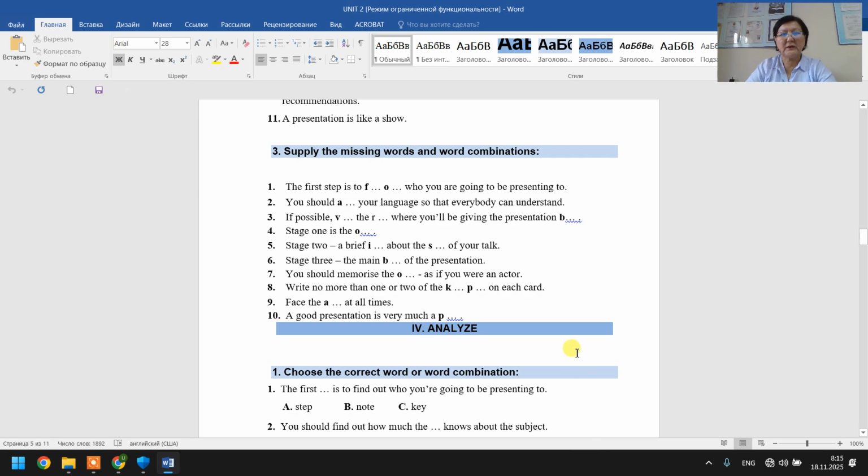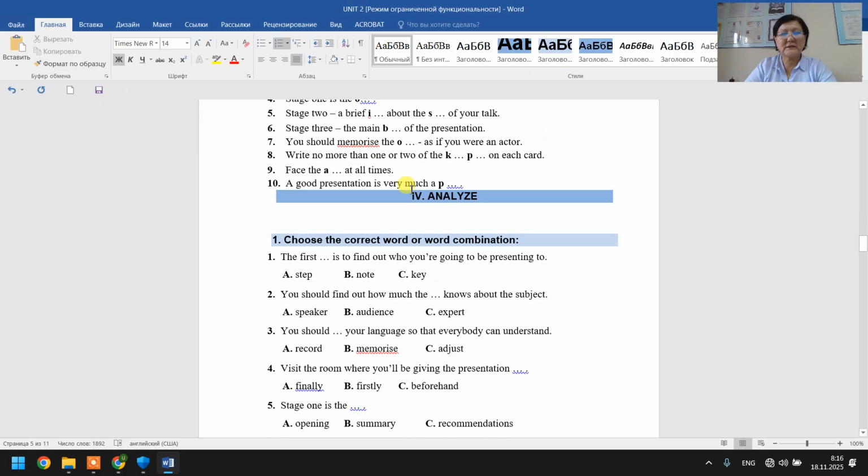The first statement I will do myself, and the other ones you have to do yourselves. For example, the first step is to find out who you are going to be presenting to. Yes, and the other missing words we have to guess and write in the right order.